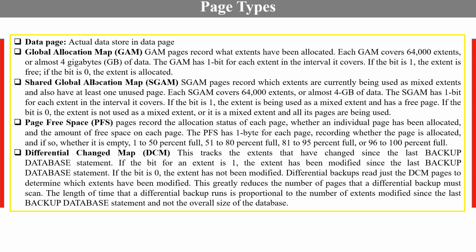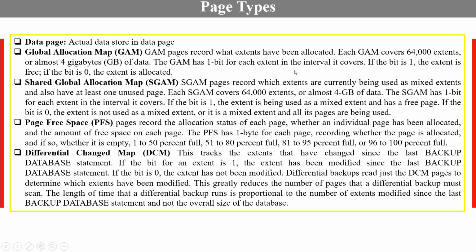It will verify whether any extent is free. If an extent is free, it will get it, start loading the data into that extent, and finally update that extent's value to 0 because it has been consumed. Once these 64,000 extents are consumed, it will automatically create one more GAM page.